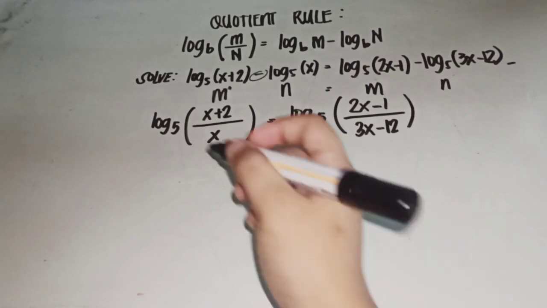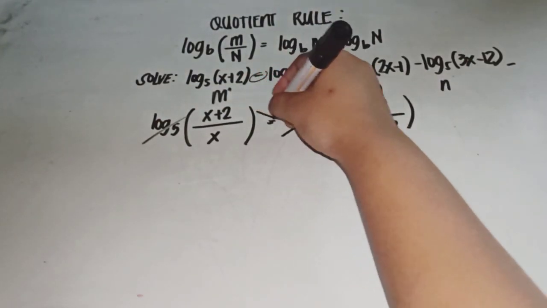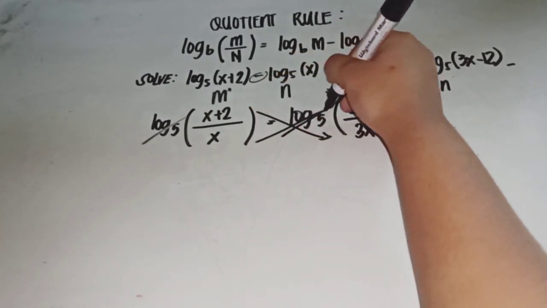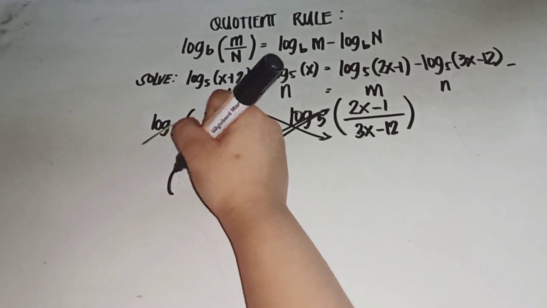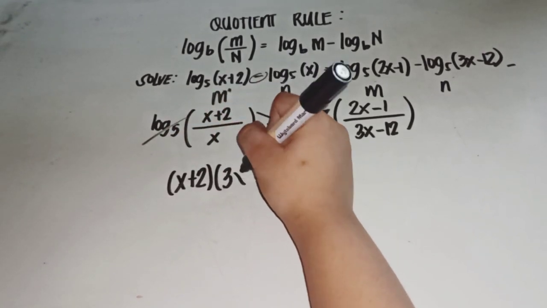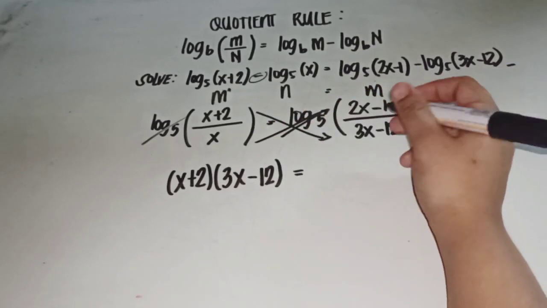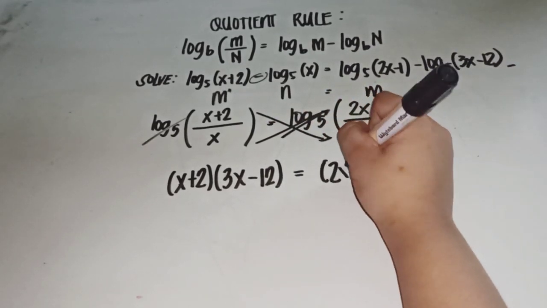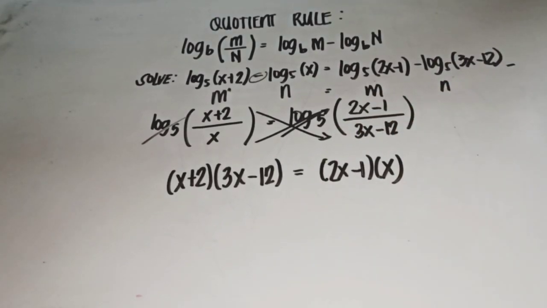Now we simplify this. We drop our logarithms and we cross multiply these two equations. So let's write (x plus 2) times (3x minus 12) is equal to (2x minus 1) times x.